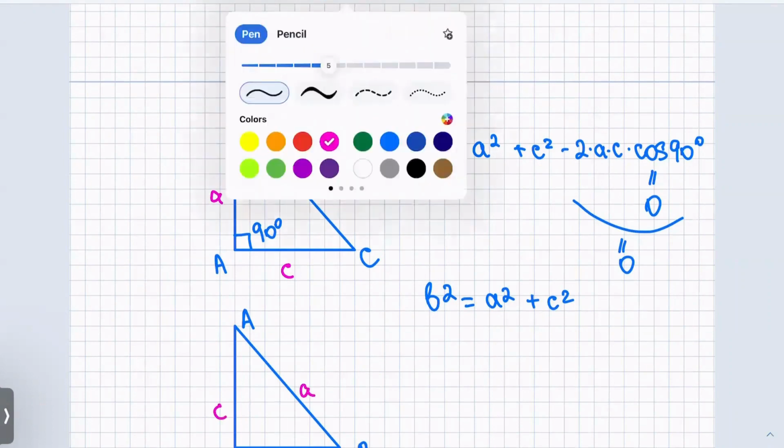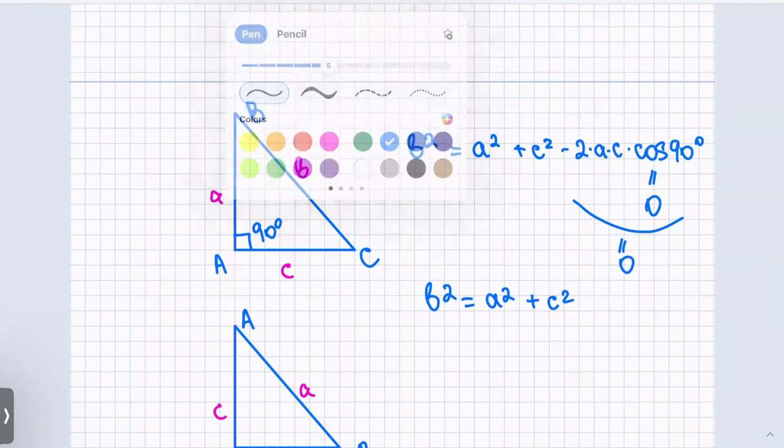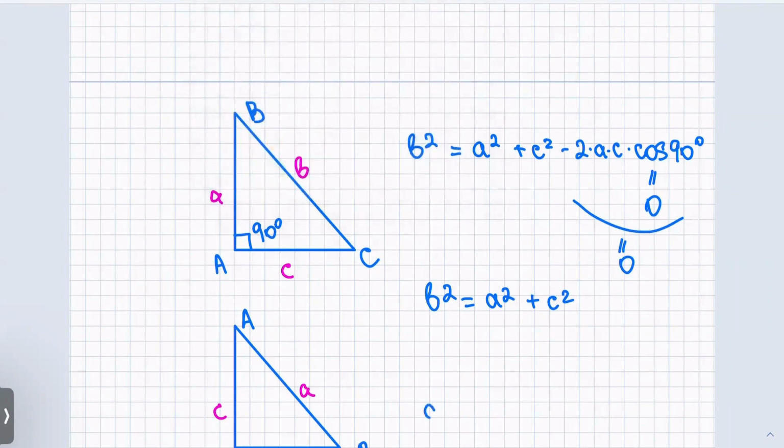Now if you repeat the same application of the cosine rule here, you will get that a squared is equal to b squared plus c squared. So you see that whenever you have a right triangle and you want to apply this cosine rule, for that side that lies opposite to the right angle, you will get the Pythagorean theorem.